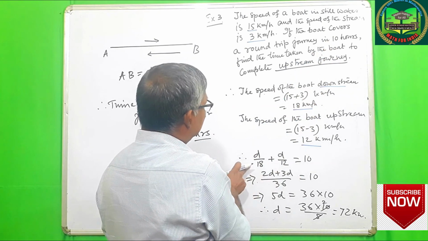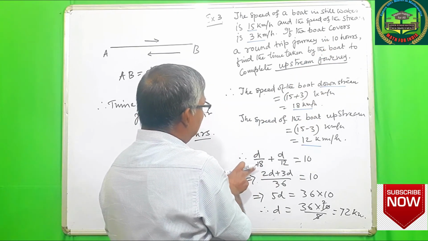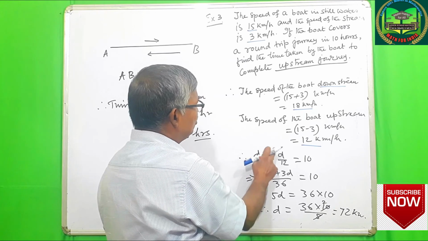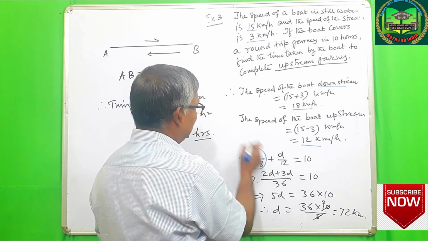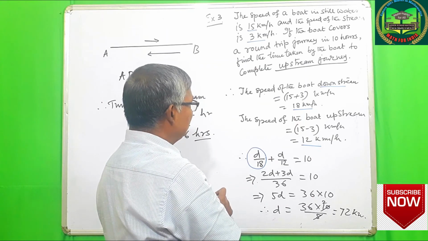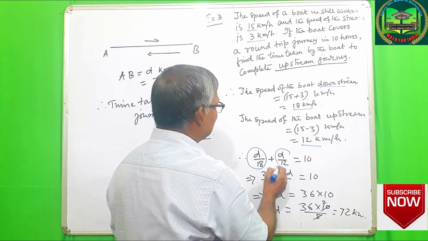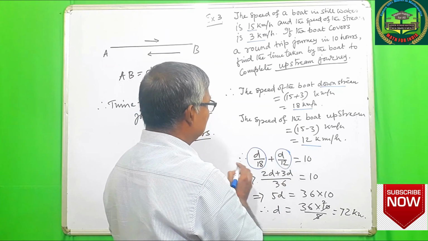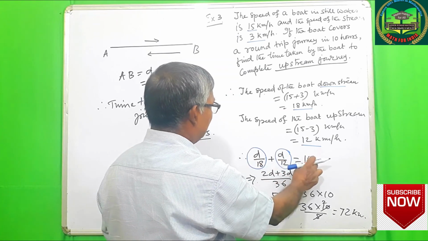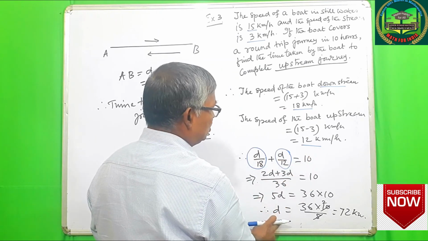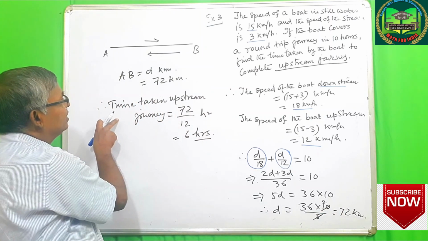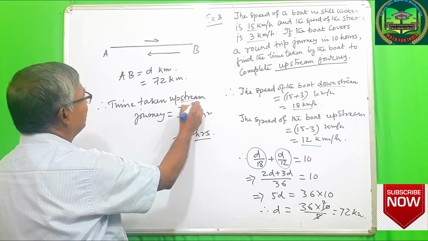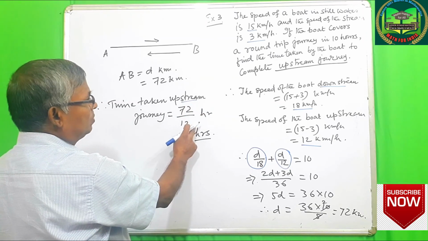Therefore, we can write d by 18 plus d by 12 equal to 10. It is the time taken by downstream journey and d by 12 is the time taken in upstream journey and their sum is 10. Therefore, we get d equal to 72. Hence, the time taken upstream equal to 72 by 12.